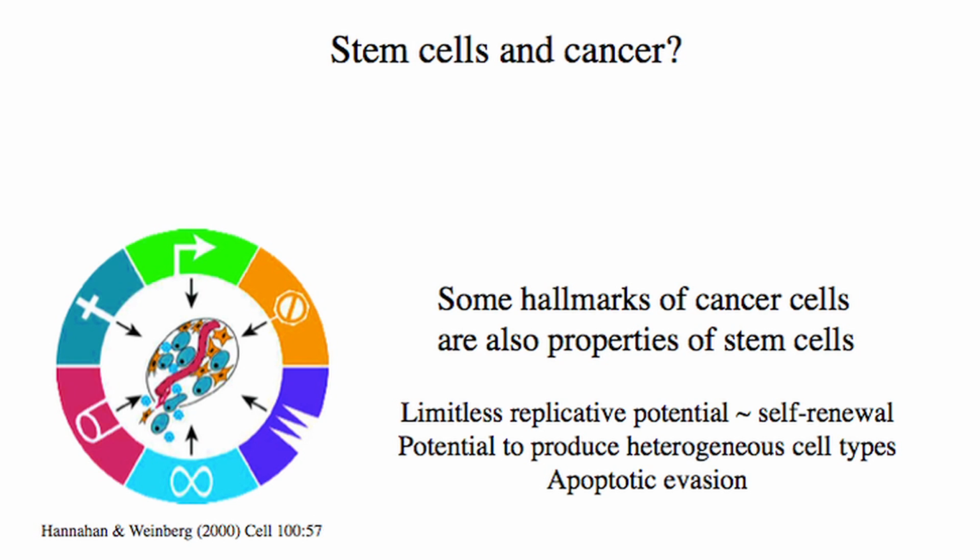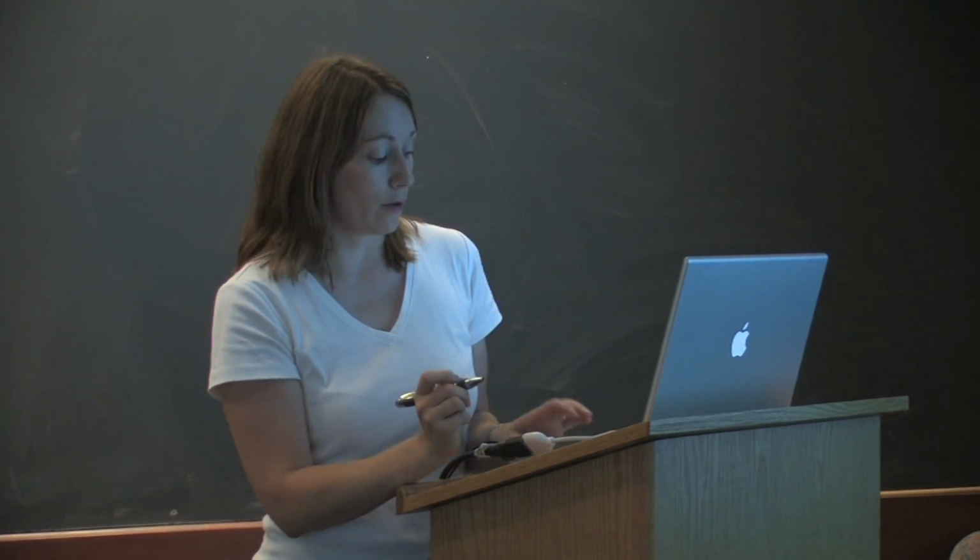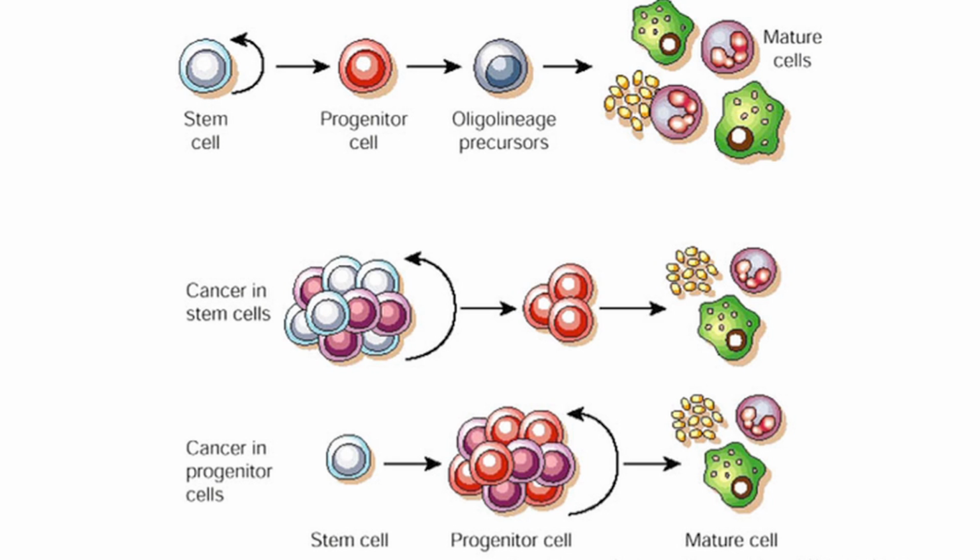So many of the properties that most cancer cells seem to share is that they can divide many times and essentially without limit. And this might be similar to the way stem cells are able to self-renew. And also a tumor is very heterogeneous, and if it does start with one or a few cell types, then this process might be similar to differentiation. And so we'd like to understand if there is a connection.